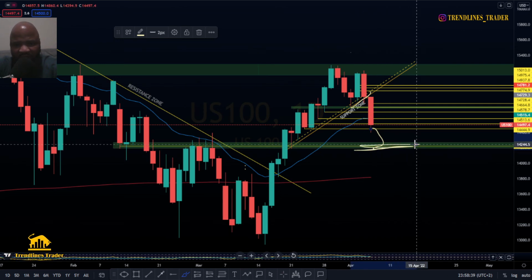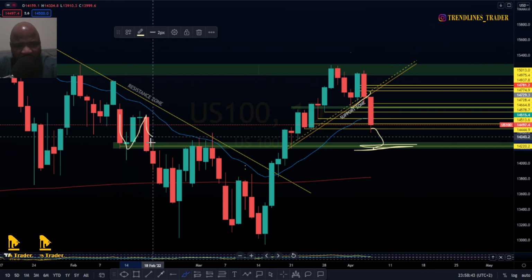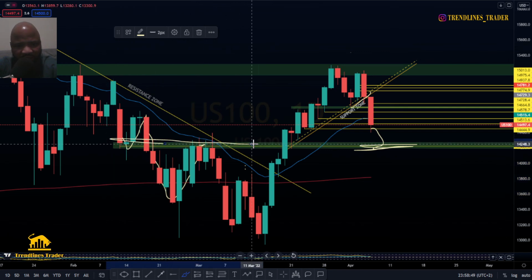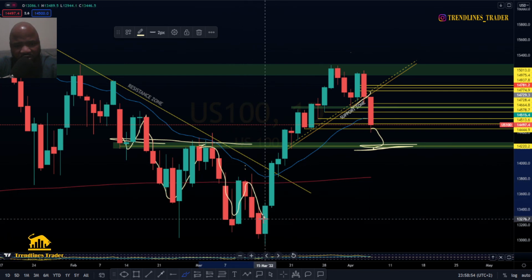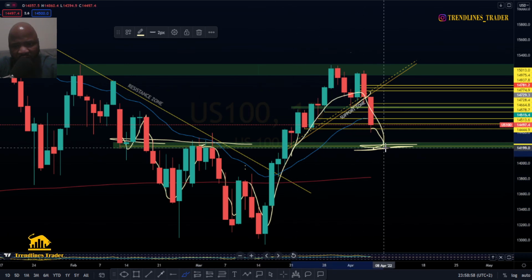I hope that makes sense. You can see this is our previous support. The price broke out of it and retested to make this area our resistance, and now it pushed towards the downside. As it was consolidating, the price managed to break out of this area. Now we have to come and retest this area.